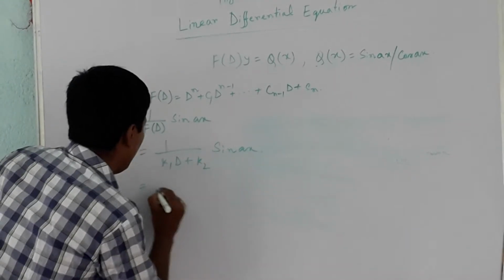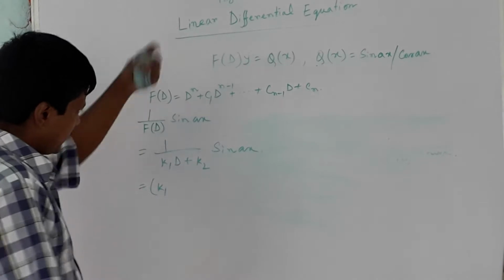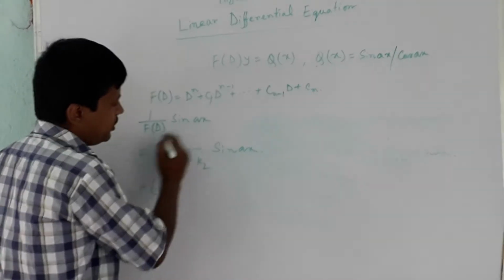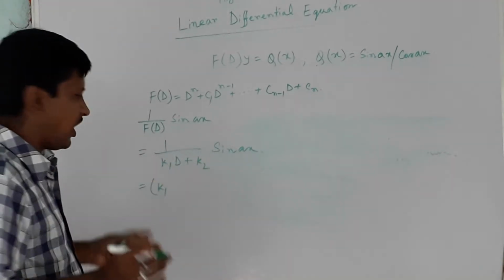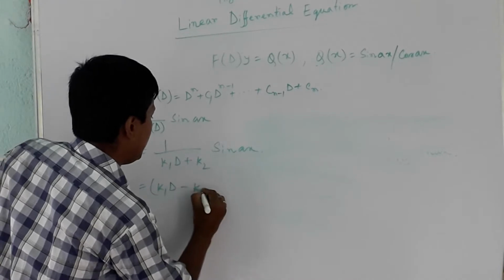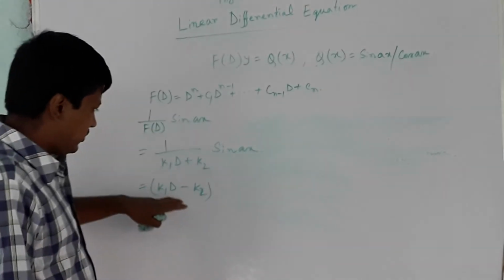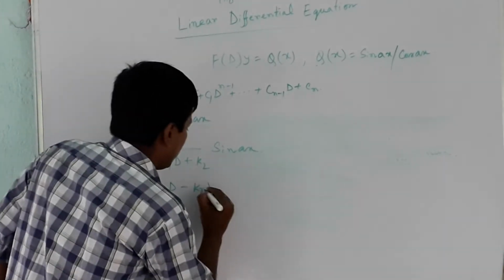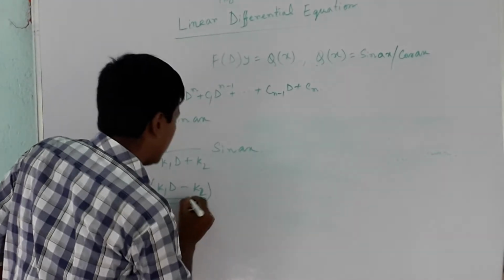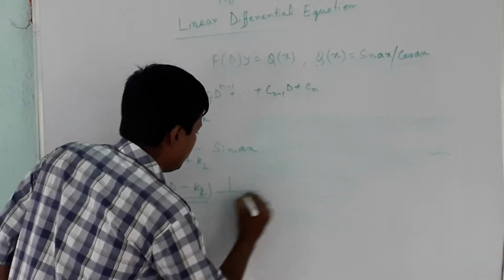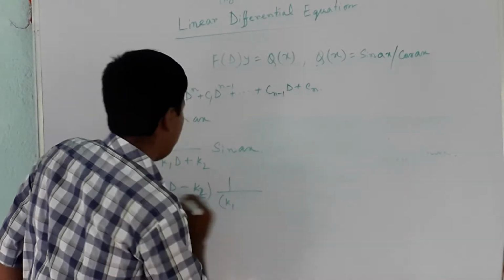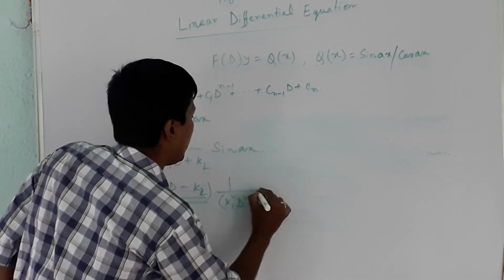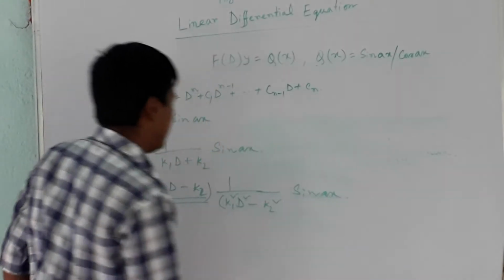Now we also apply another operator so that the denominator becomes a function of D square. So we need to multiply by (k1 D minus k2), and whenever we take this operator, we need to take the inverse of this operator. So ultimately we get (k1 square D square minus k2 square) sin ax.